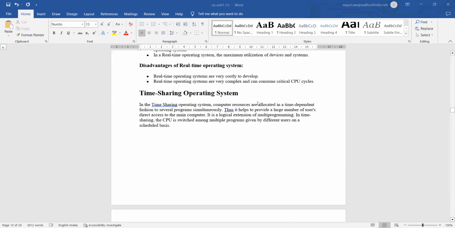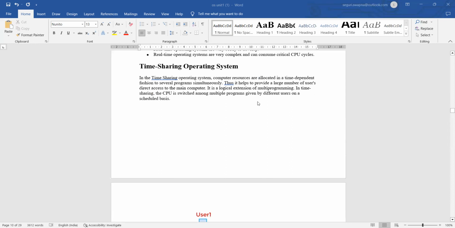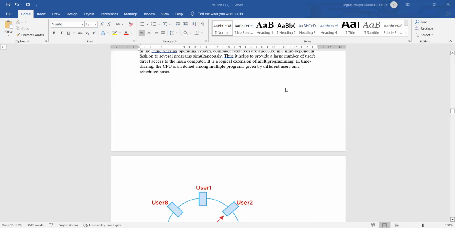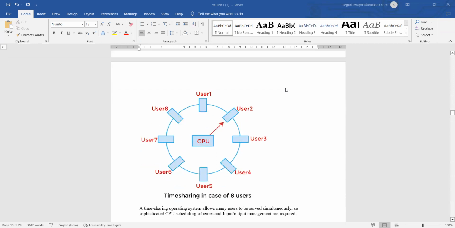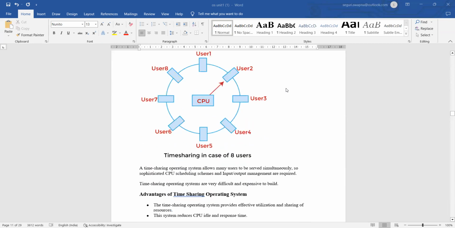Next is the time-sharing operating system. In a time-sharing operating system, the resources are allotted to the process for a particular time slot. They are executed in that particular time slot.